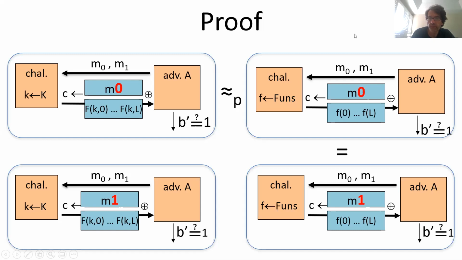Therefore, this whole thing is a random string, and therefore by a one-time pad argument, there is no difference between XORing M0 with random function outputs and M1 with random function outputs. And of course, we complete the picture by the same argument we did here. We conclude that these two are indistinguishable. So this is a secure indistinguishable encryption.